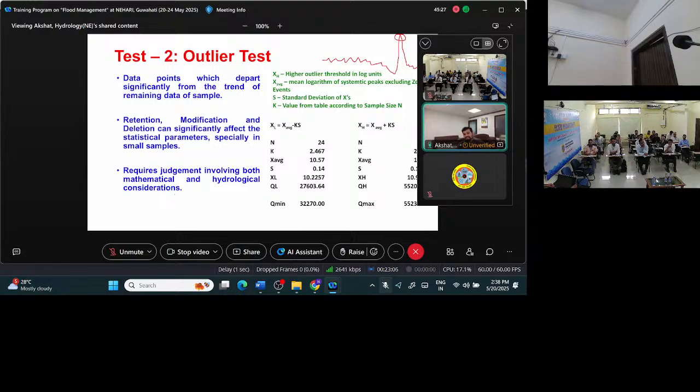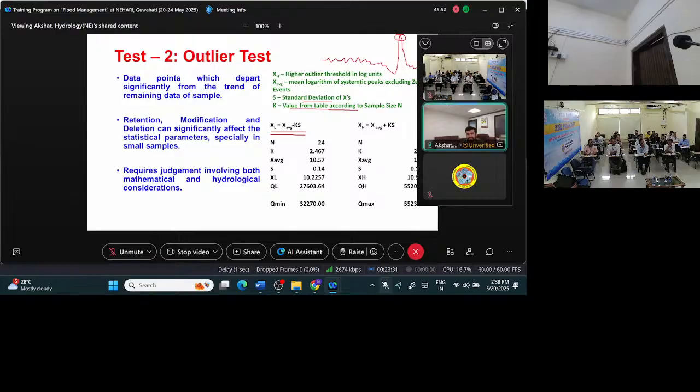As per standard theory given in the manual, the lower outlier can be estimated from this formula: XL is equal to X average minus K into S. What is K? K is the value from a table, as per sample size, and S is the standard deviation.